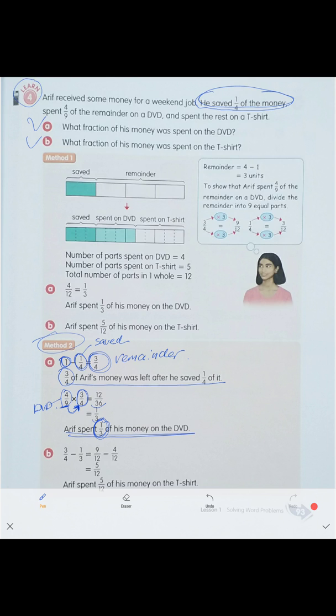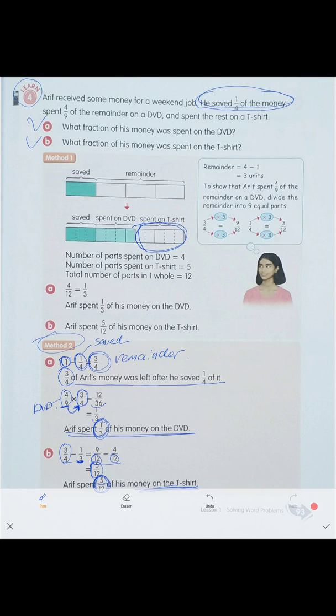We have the fraction of money that he had minus the money that he spent on the DVD. We do the math, bring them to a common denominator, and we find 5/12. This is the same as we have here.